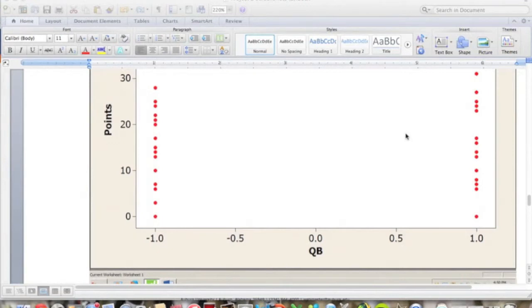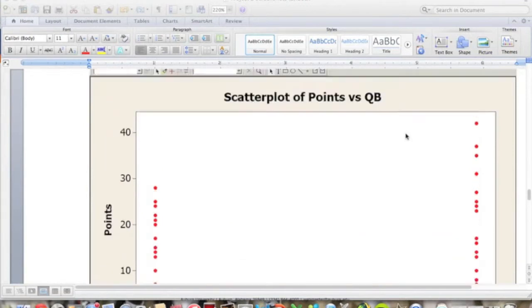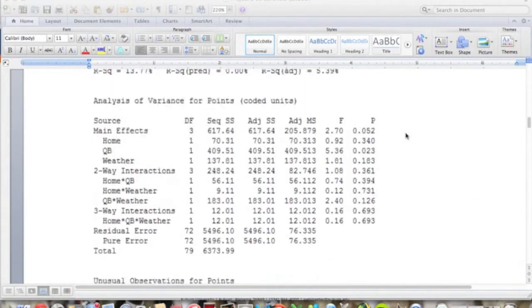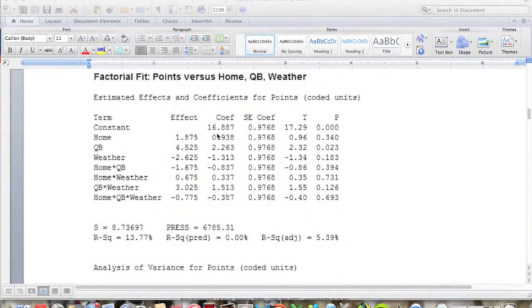So in conclusion, we have decided that we can reject the fact that the home and away affect the total points scored by the Falcons. The fact that heavy rain versus clear weather affects the total score of the Falcons.